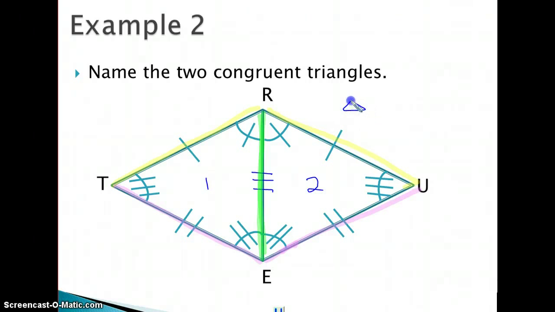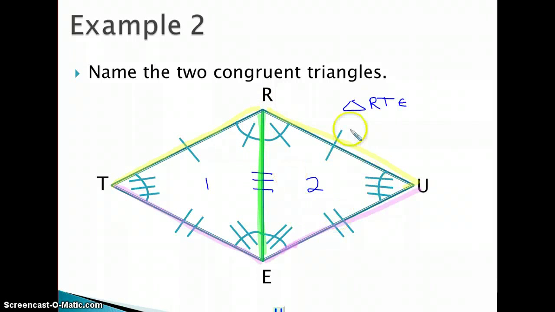So if I start triangle 1, I'll just start at point R. And if I follow that yellow segment, that takes me to point T. And if I follow the pink segment, that takes me to point E. And just to verify, yep, if I follow the green, I get back to R. So that's triangle 1.